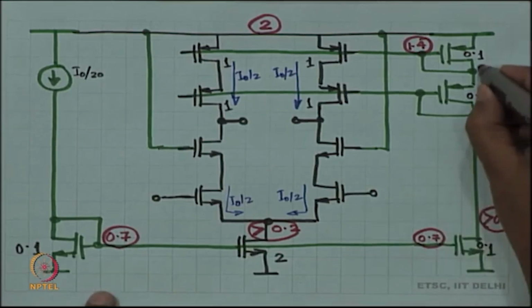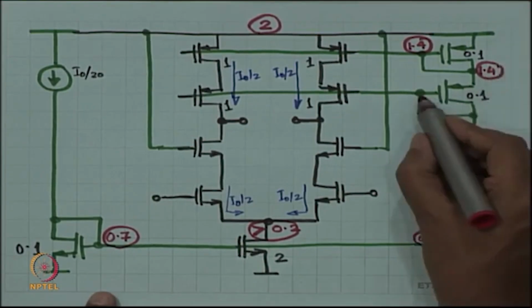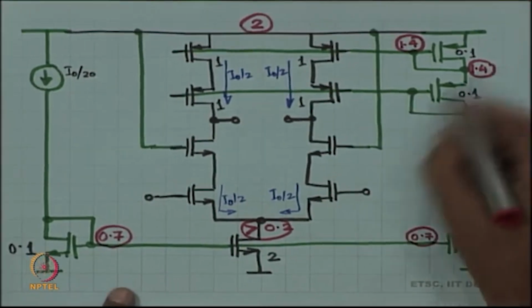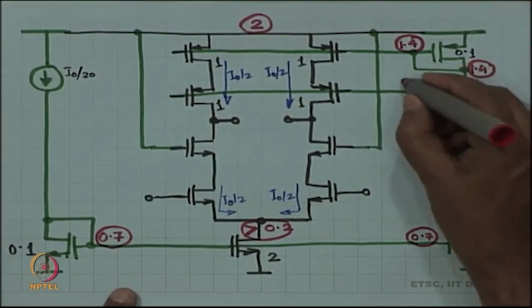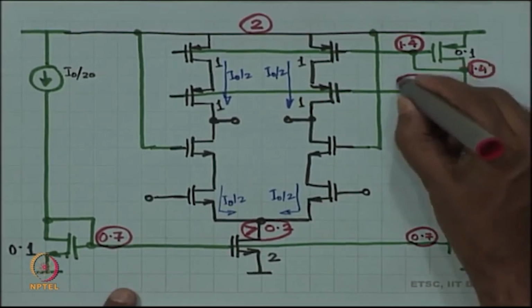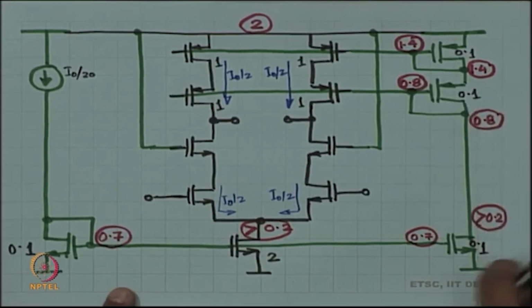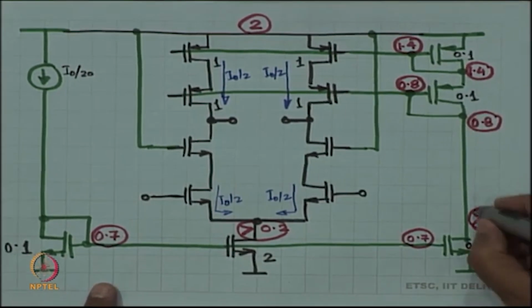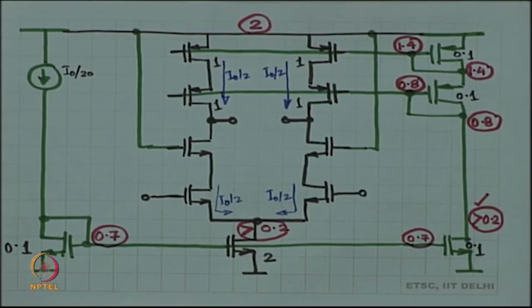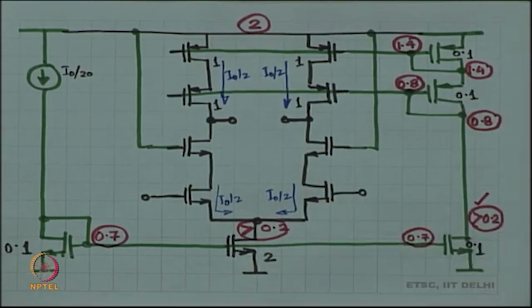So, the drain of the top PMOS is also 1.4, which means the gate of the second PMOS is 0.8, and this is satisfying this requirement. Okay. So, all these are happy over here right now.